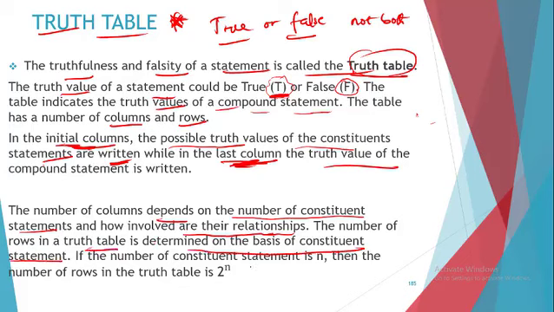If the number of constituent statements is n, then the number of rows in the truth table is 2 raised to power n. If the number of constituent statements is 2, the number of rows is 2 raised to power 2, which is 4. If it is 4, then the number of rows is 2 raised to power 4, which gives us 16 rows. Is that clear?